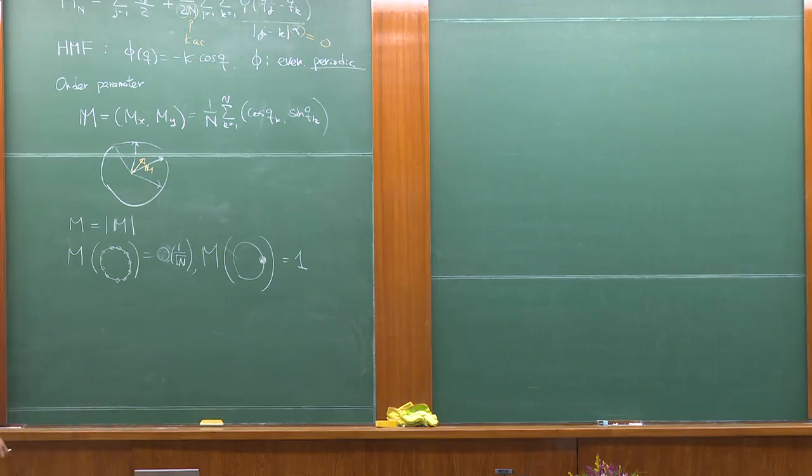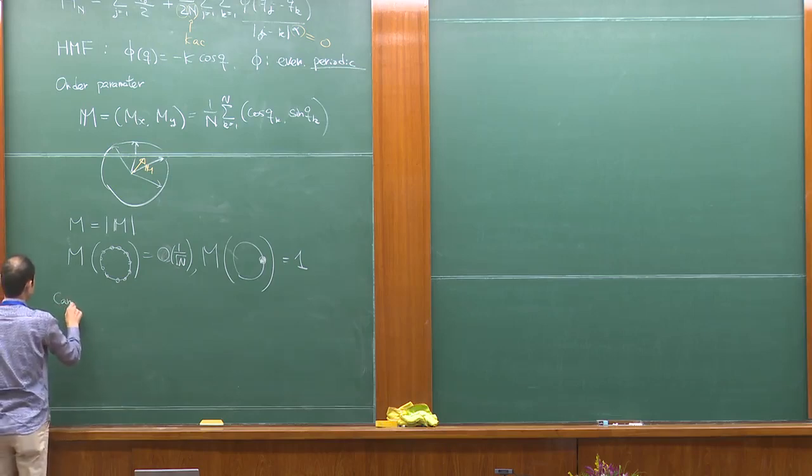And now I introduce the dynamical equation of motion. We have a Hamiltonian, so we have the canonical equation of motion.